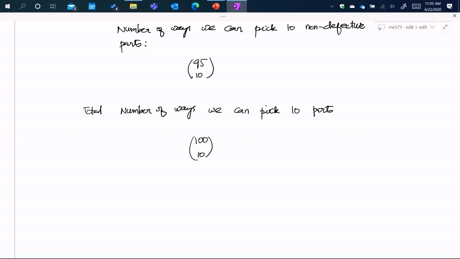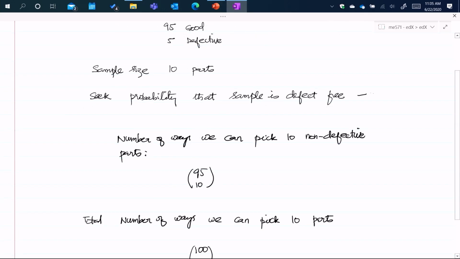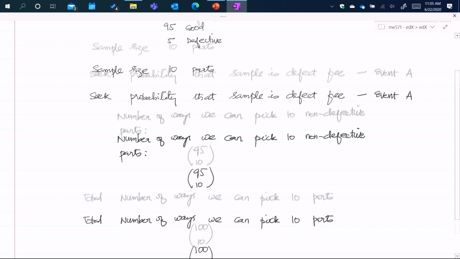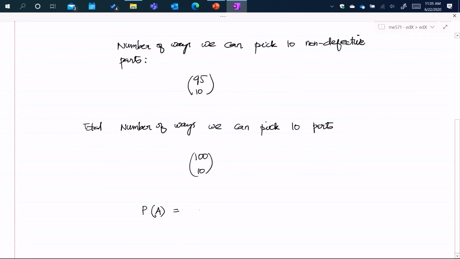So the probability of event A, which is defined as event A for us, is the number of ways in which you can pick 10 non-defective parts divided by the total number of ways in which we can pick 10 parts, by using the first definition of probability that we had.